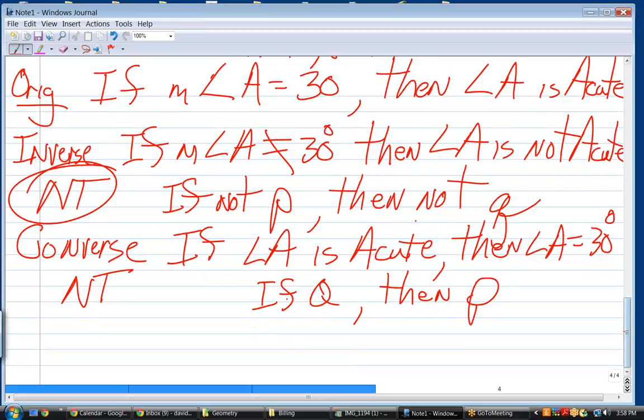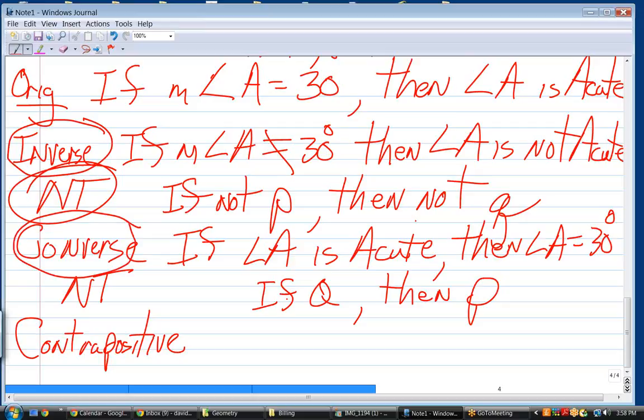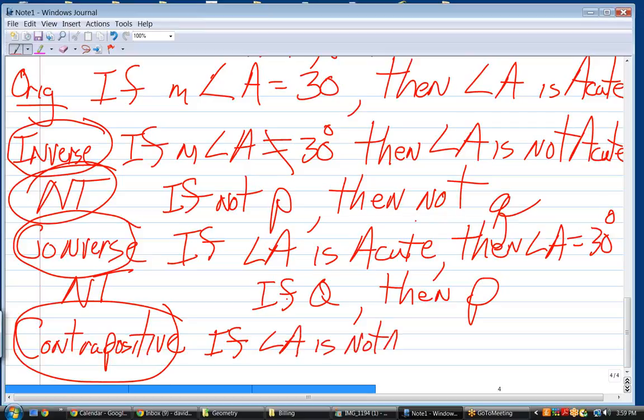And there's one more, and that's called the contrapositive. And you need to memorize that. What the contrapositive says is: if angle A is not acute, then angle A is not 30 degrees.